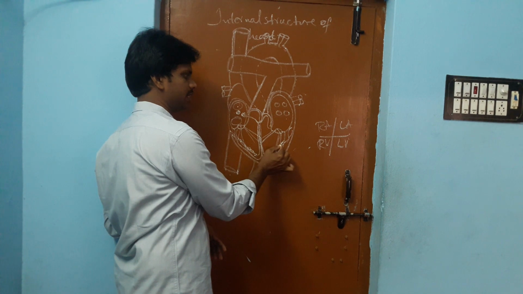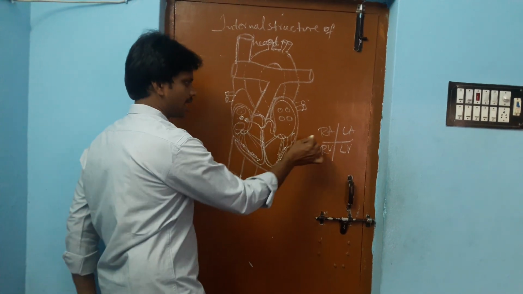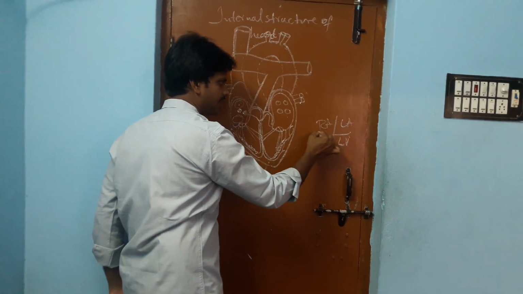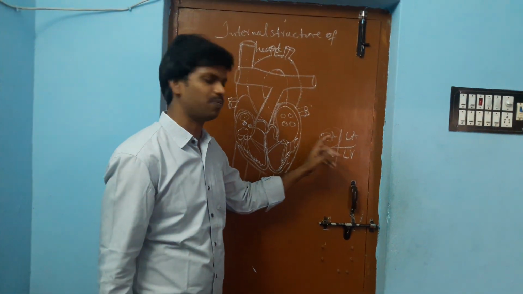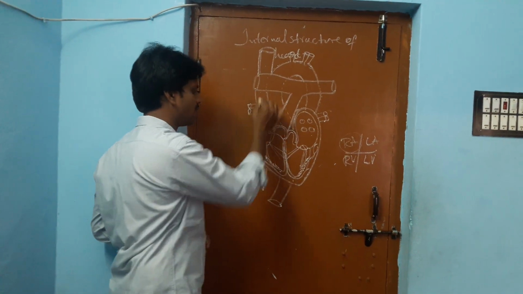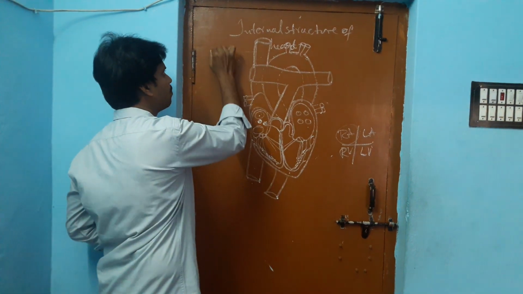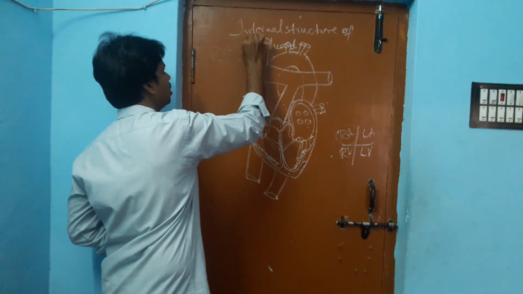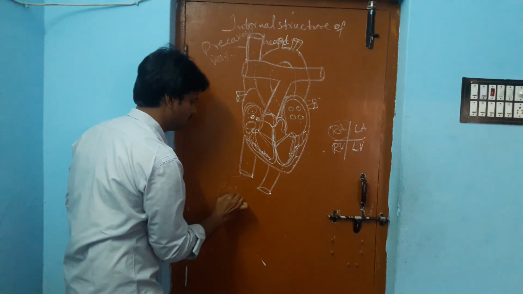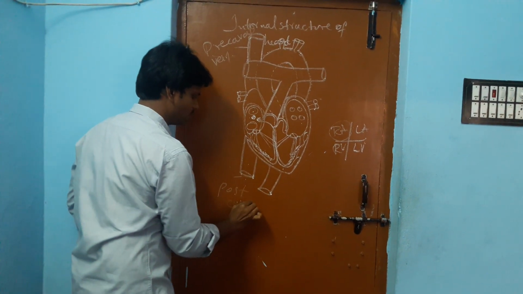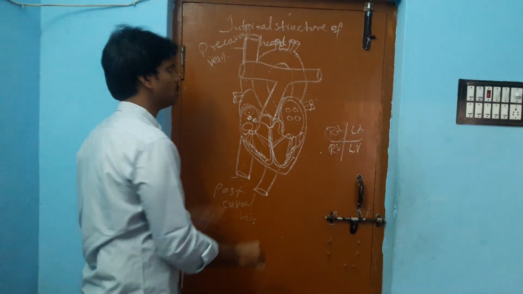This is right ventricle and this is left ventricle. Right auricle always receives the deoxygenated blood from the superior vena cava and inferior vena cava. This is precaval vein or the superior vena cava. This is postcaval vein, also known as inferior vena cava.